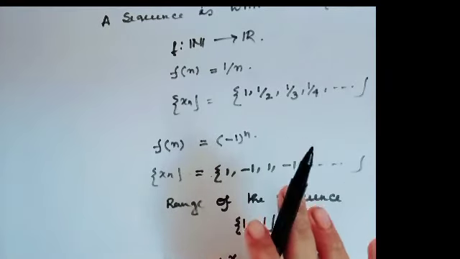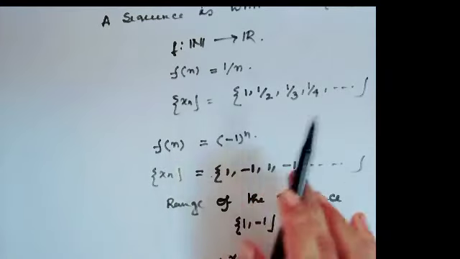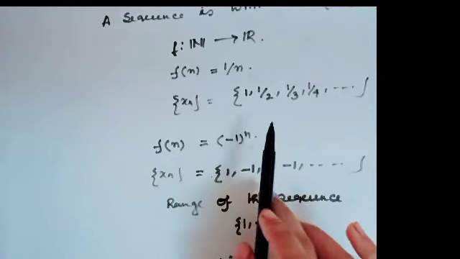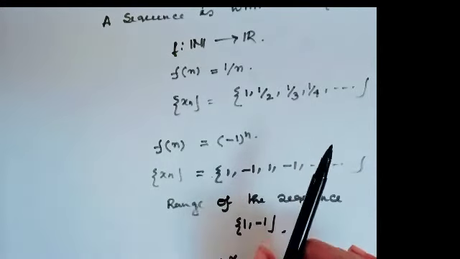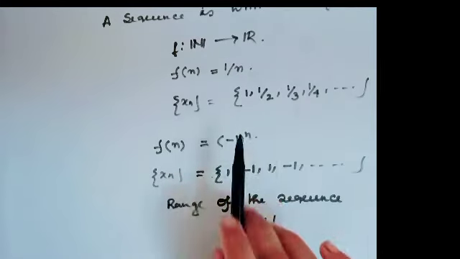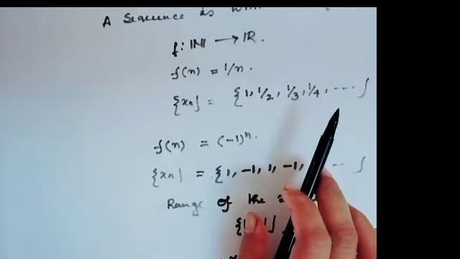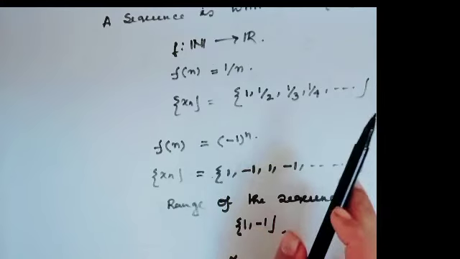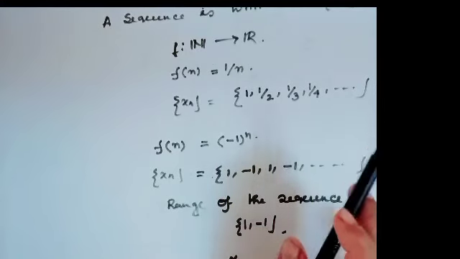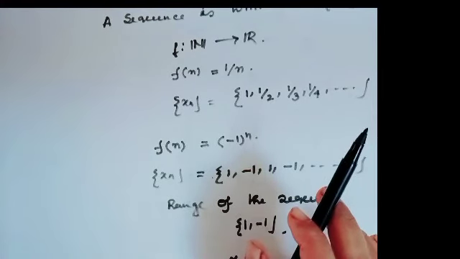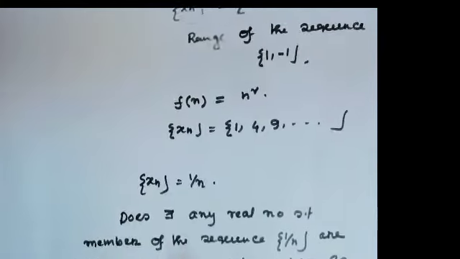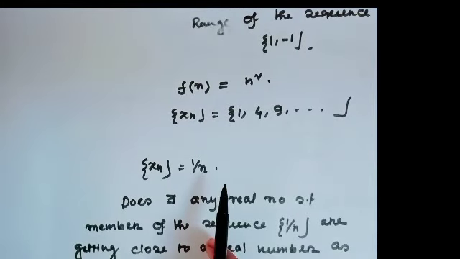Okay? That means the whole number 1 divided by that is getting smaller and smaller. So it is clear it is very close to 0. And this kind of sequence is called a convergent sequence. Okay? Here, this sequence is going towards 0.